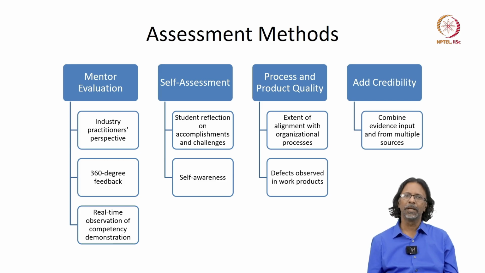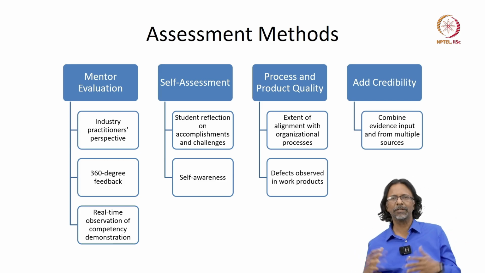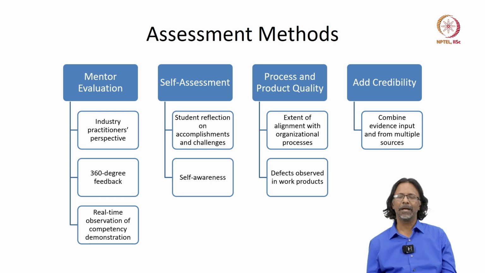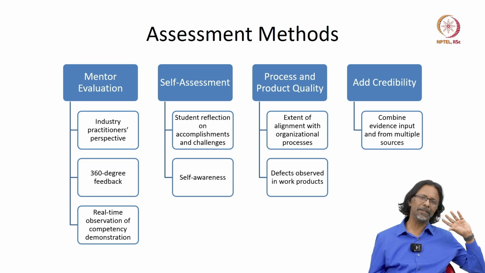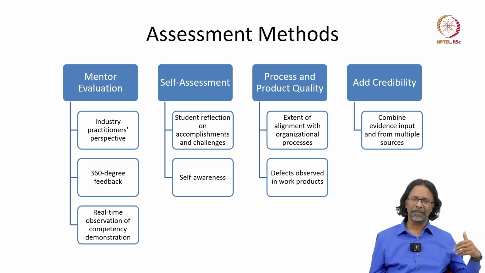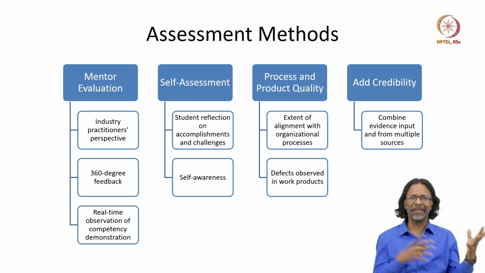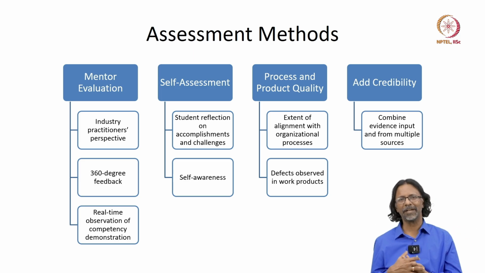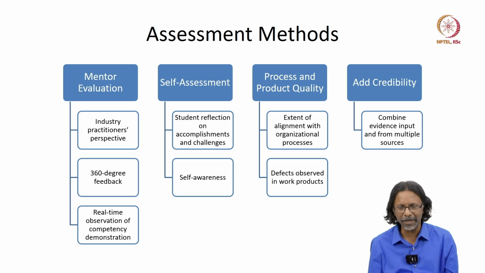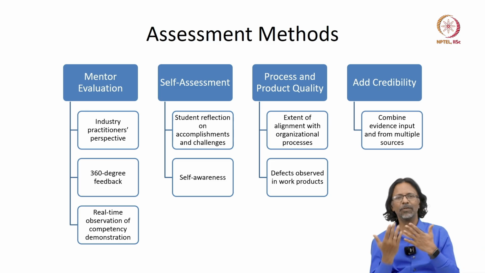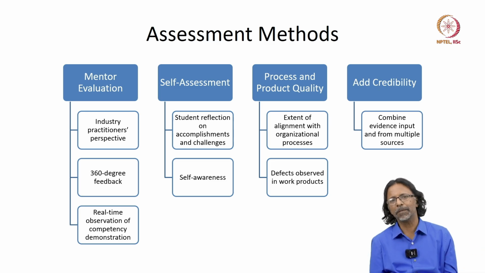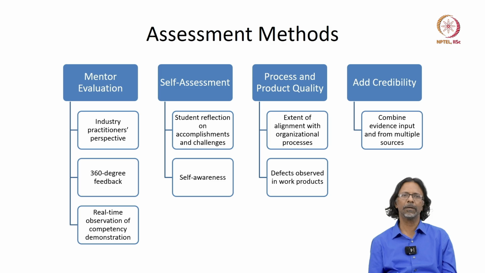For example, if there is a self-assessment report where the student says that they have learned a specific skill, and the mentor also mentions that this particular student used this skill to solve this particular problem, then there is some amount of credibility attached to both of those things, to what the mentor is saying as well as what the self-assessment report contained. So that is one way of adding credibility to the overall assessments.